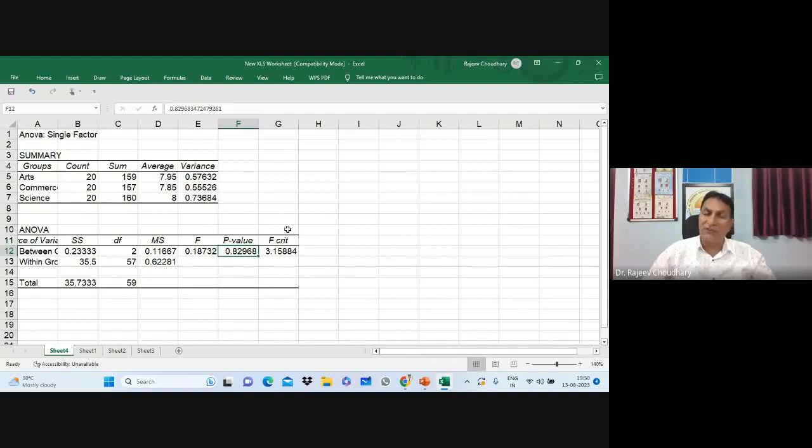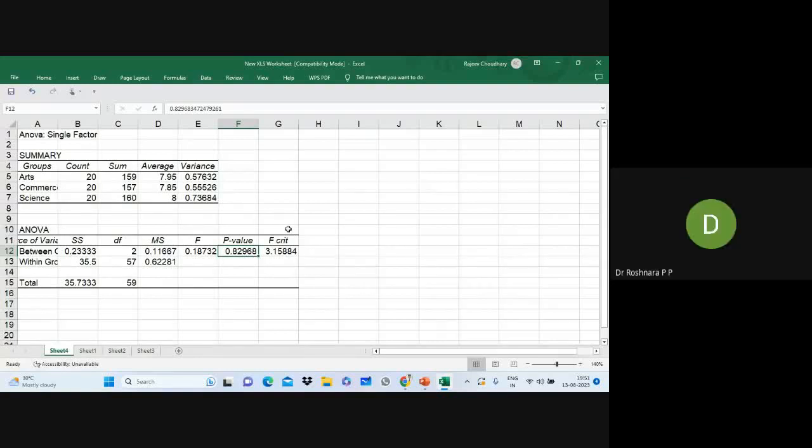You can write, since the P value is higher than 0.05, that is 0.82968, so there is no significant difference observed among the hemoglobin of arts, commerce, and science students. All the three groups, arts, commerce, and science, all the students possess the same level of hemoglobin. Is it okay?